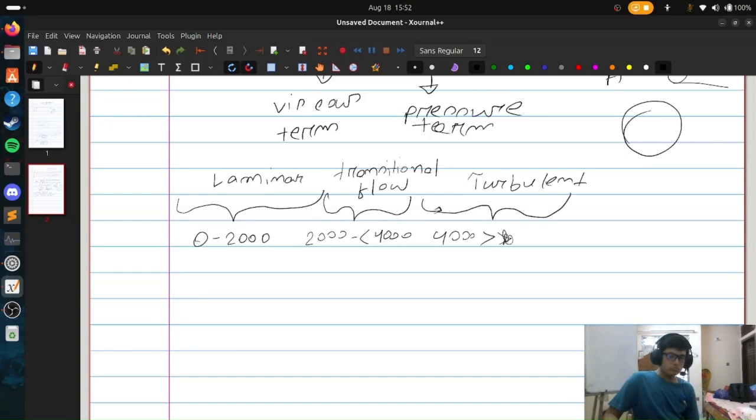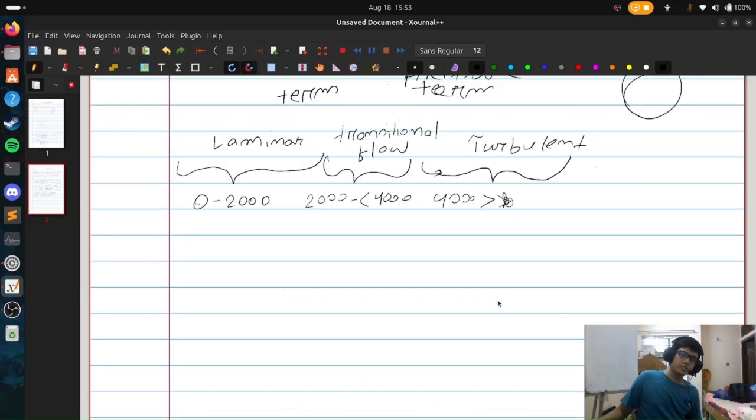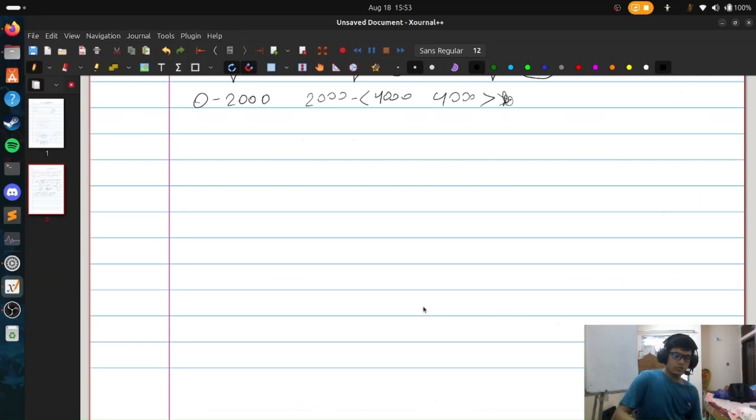By the way, I didn't mention another thing here. In this equation, the rho is the density of the fluid, the v is the velocity, and this L is called the characteristic length. Now, what is the characteristic length here? You need to understand. Suppose I'm drawing some fluid lines. These are lines of fluid.